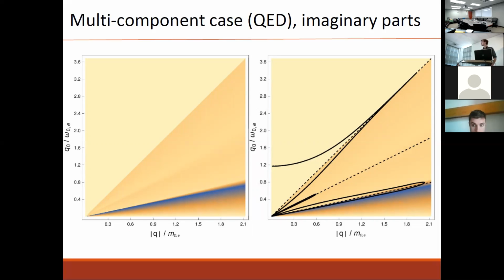What's the color scheme? Is it the density? It's the magnitude of the imaginary part. So if you're in this region, you only have electrons contributing to the imaginary part. If you're in this region, you have electrons plus muons contributing to the imaginary part. If you're in this region, you have all the free species contributing to the imaginary part.